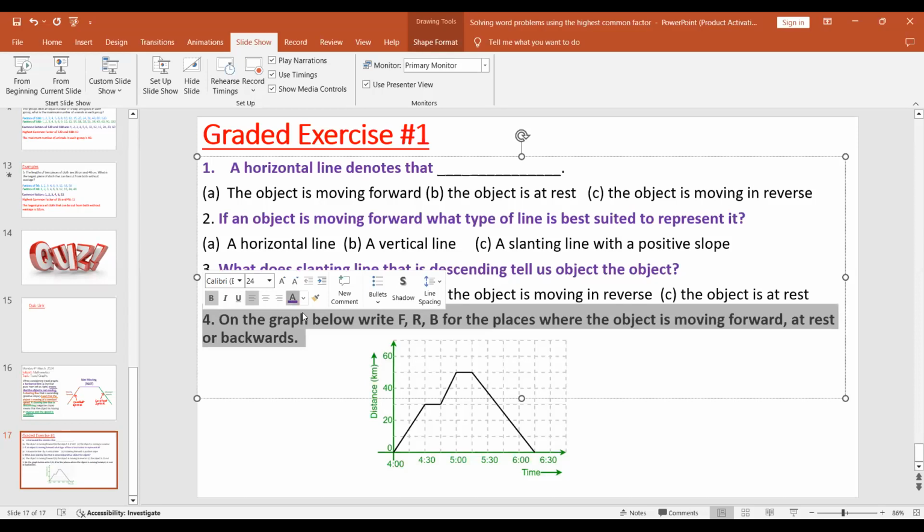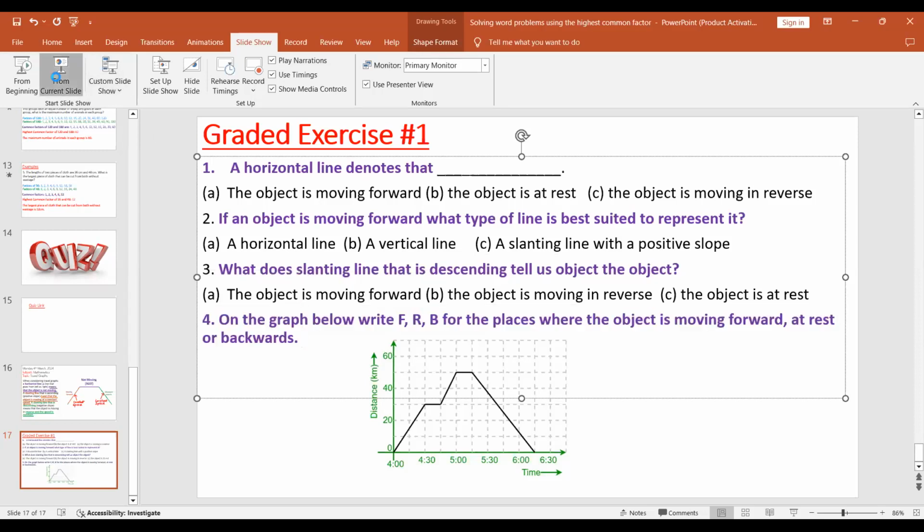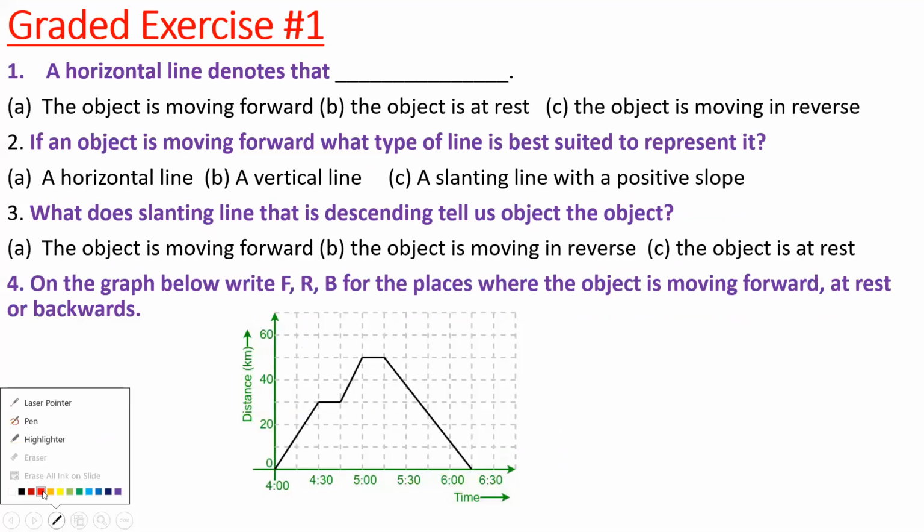So if you think the object is in reverse in this place, you'll put R. If you think it is moving forward, you'll put F. If it is moving in reverse, or backwards, you'll put B. It's just an example.